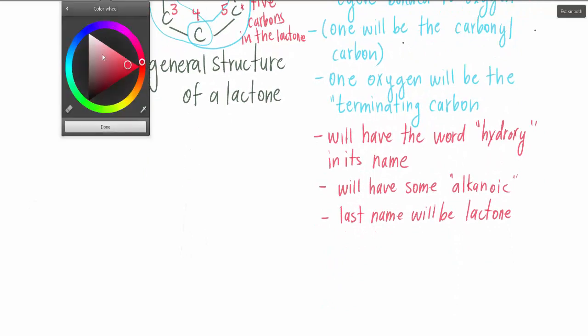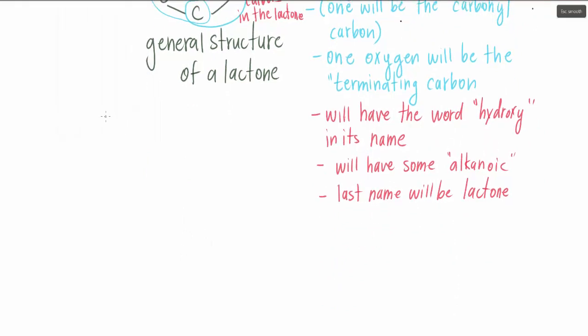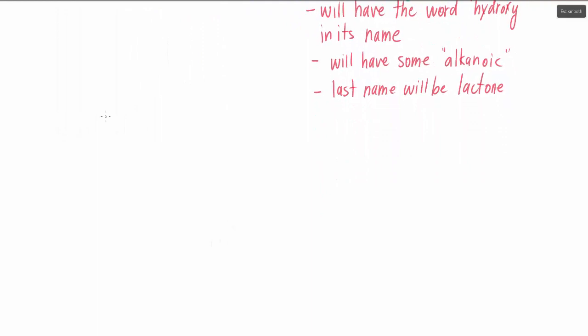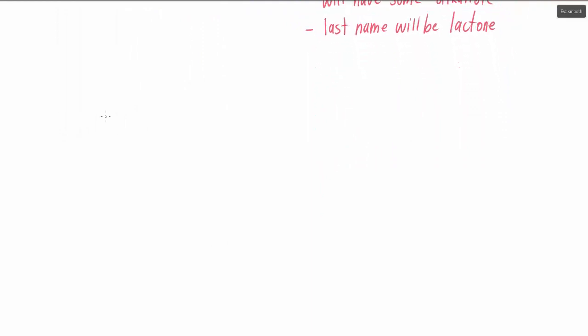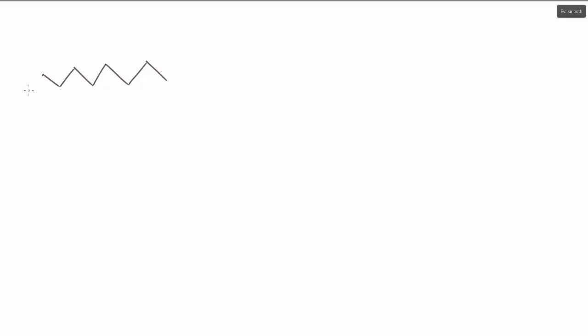So let's look at an example of exactly what is actually going on with these molecules. So now I'm going to switch, and I'm going to draw out the carboxylic acid. We have already learned how to name carboxylic acid.